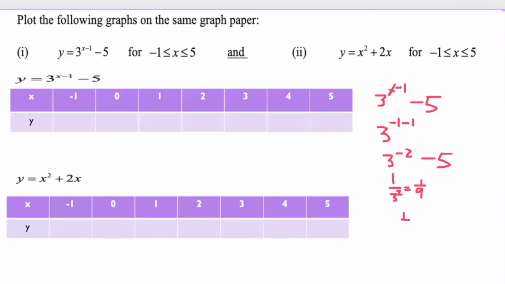So in other words, we have 1 over 9 minus 5. That would give me -4 and 8 over 9.